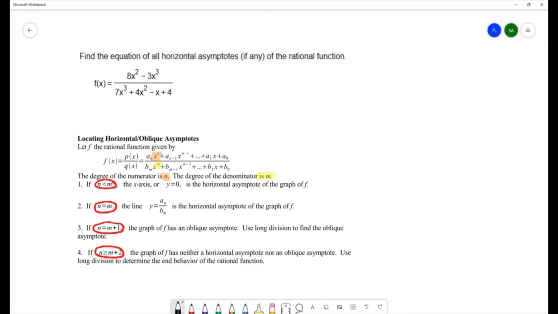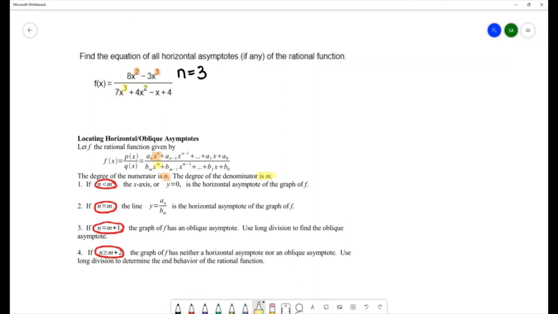So for our numerator, we can see that this term has a power of 2 on x, and this term has a power of 3 on x. The degree will be the higher of the two. So the degree of the numerator will be 3. And then looking at the denominator, this term has a power of 3 on x.